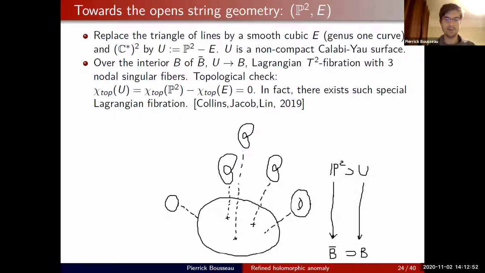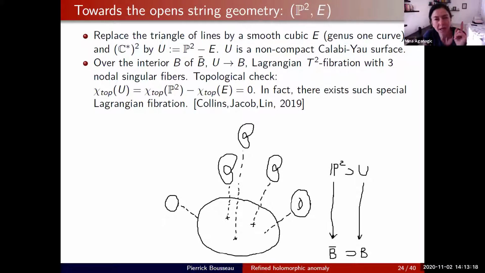Okay. But in such descriptions, the BPS states will come from M2 branes with boundary on this M5 brane. But if you check the BPS condition, this M2 brane needs to be special Lagrangian. I see.